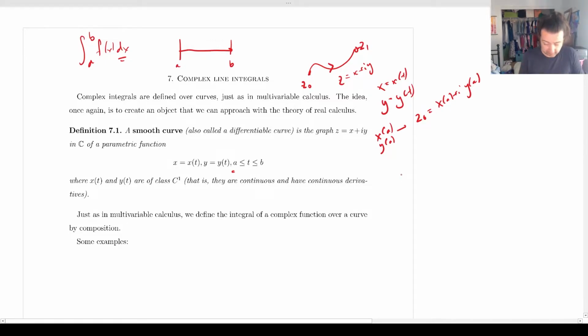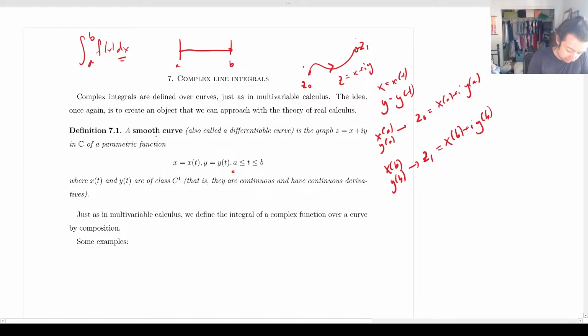Then we have the point x of b, y of b, corresponding to z1, which is x of b plus i y of b. We've got some function that gets us from here to here. As we traverse the path, we start at the initial point at time a, and at time b we're at the end point. The functions we write down give us the curve we're after.